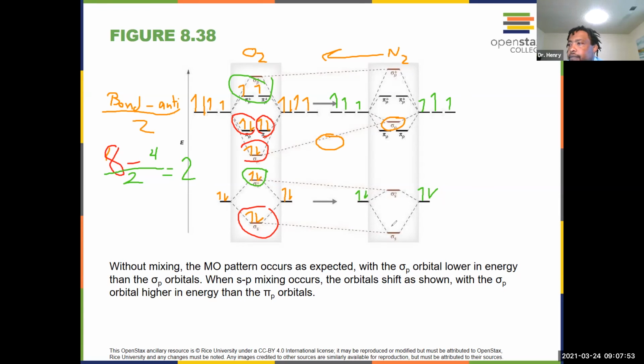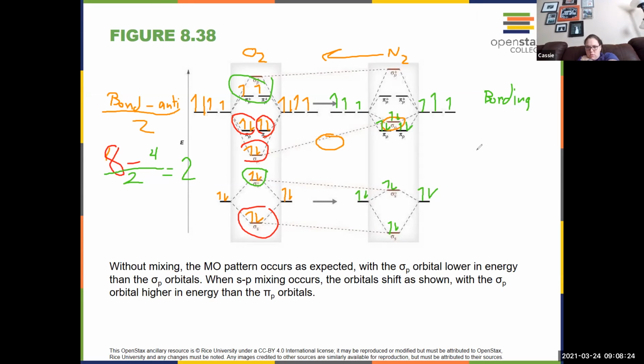If we fill these up, for the bond order, we have 2, 4, 6, 8 bonding, and then antibonding.